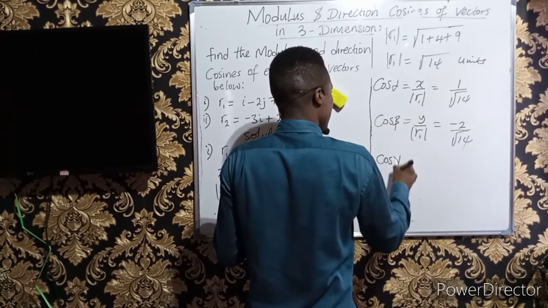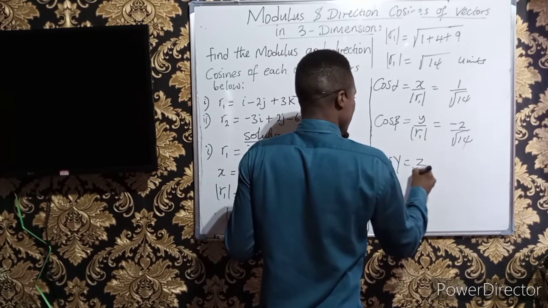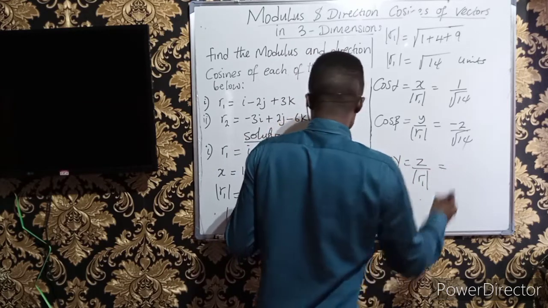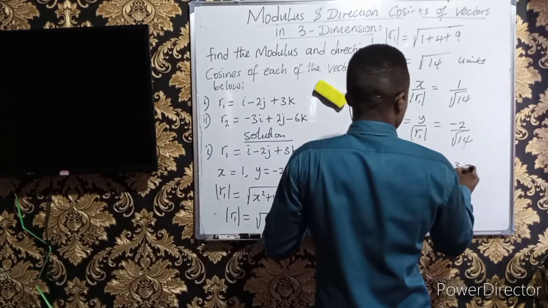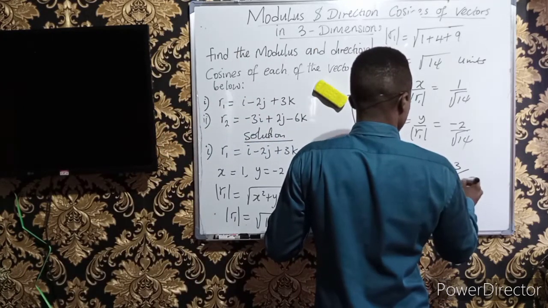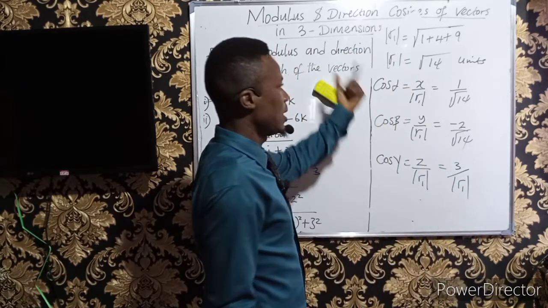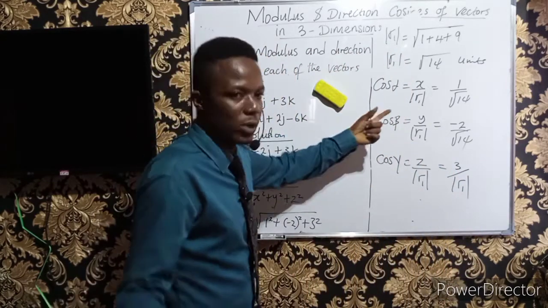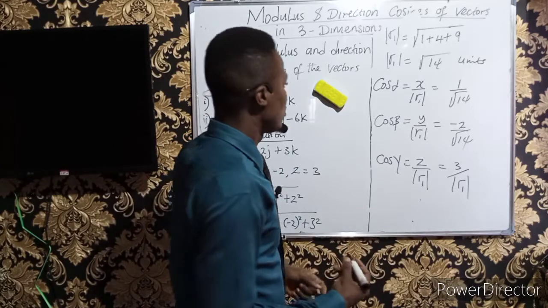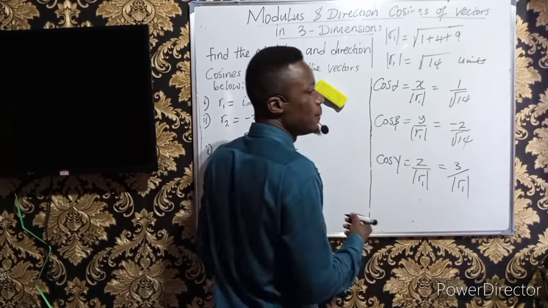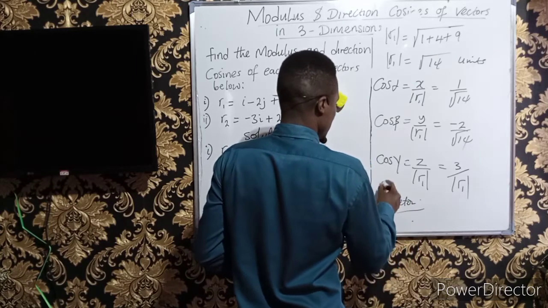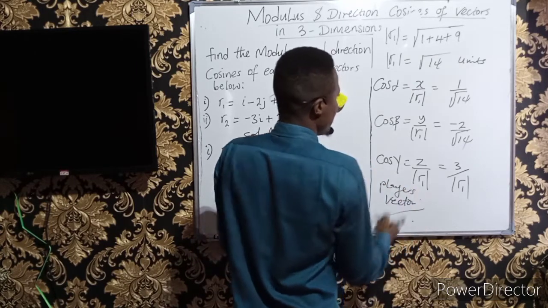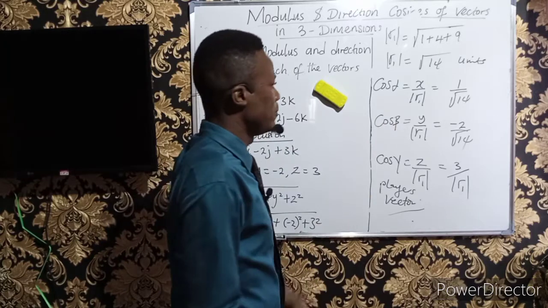And my cos gamma, which is z over modulus of R1, with z being 3, will give me 3 over root 14. These formulas, the way they came to be, we discussed in the previous video, so you can consider going to my vectors playlist to refresh your minds on how these formulas came to be.